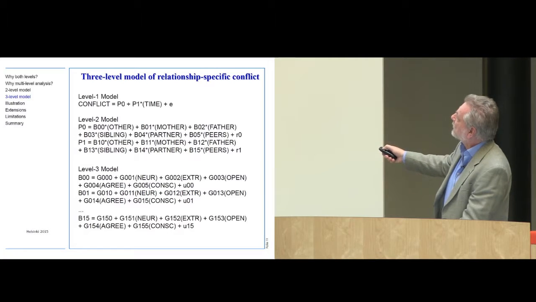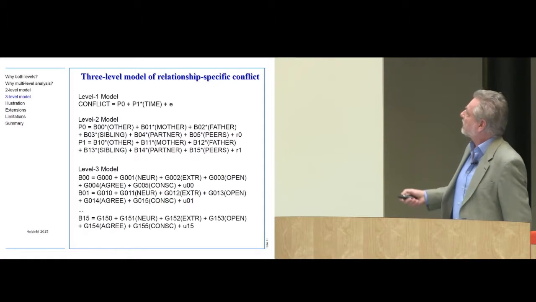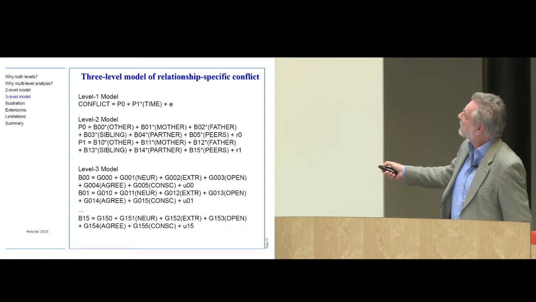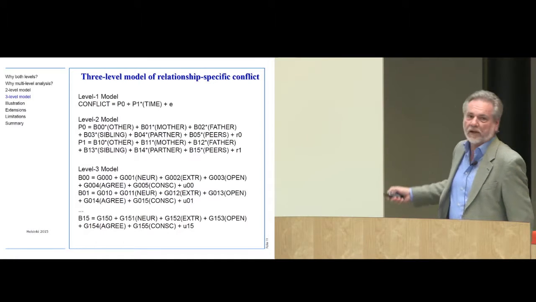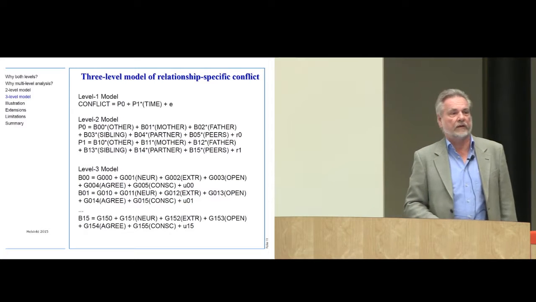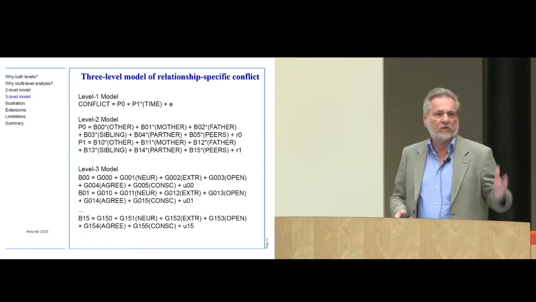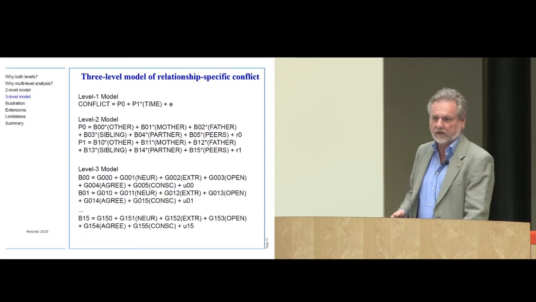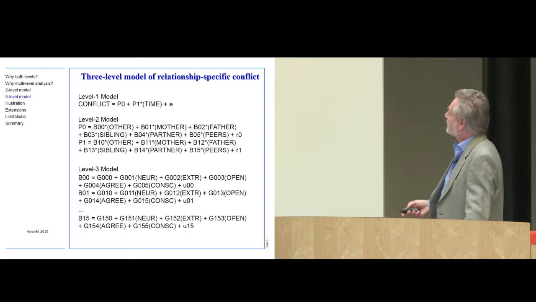And then you predict the intercept and the slope by your dummy codes for the relationships. And then you predict these B's at the highest level by your big 5 traits. It looks a bit more complicated, but the logic is so straight that at least in HLM you cannot really make mistakes here.